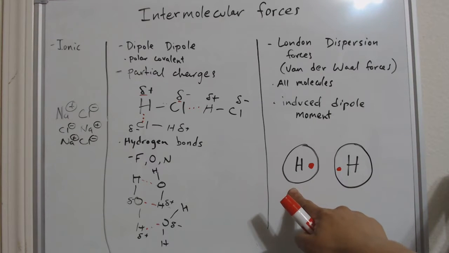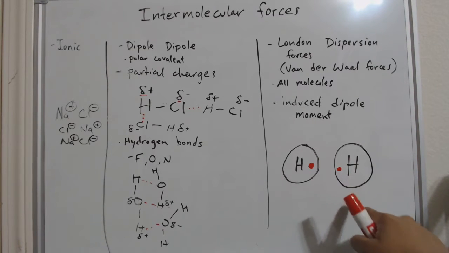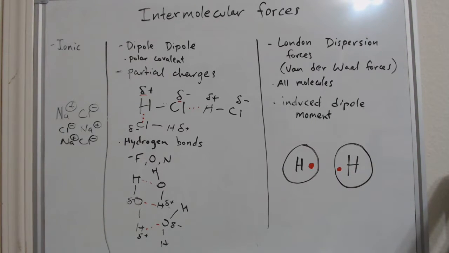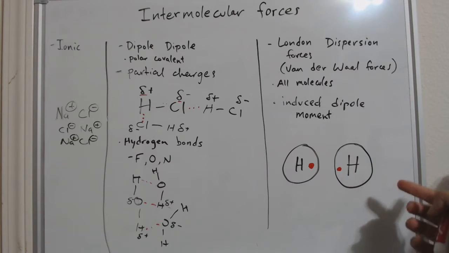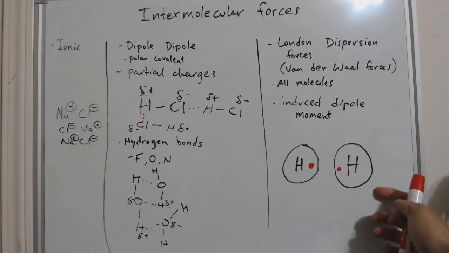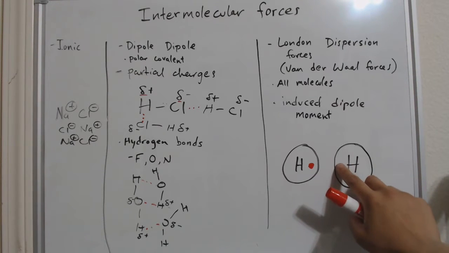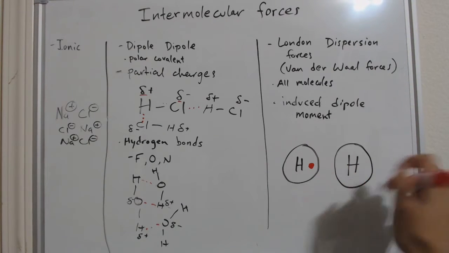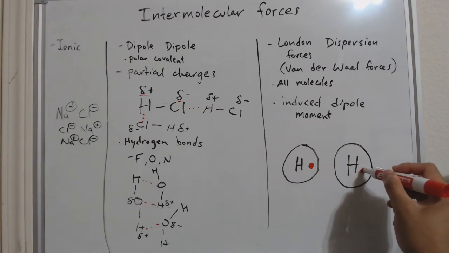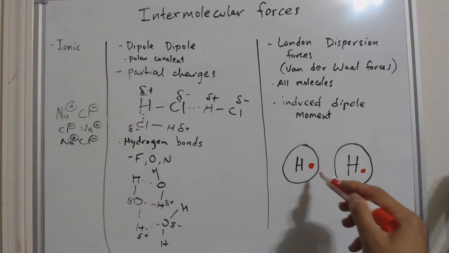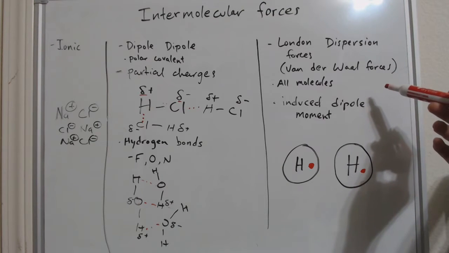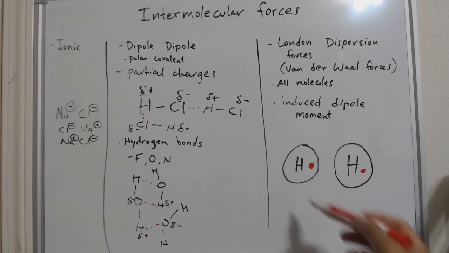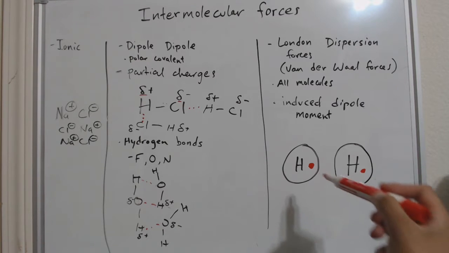So when this hydrogen meets with this one, let's say this one, it will induce a dipole moment on this hydrogen where it will create a pole by moving the electron, to have this intermolecular force attract these two atoms together.